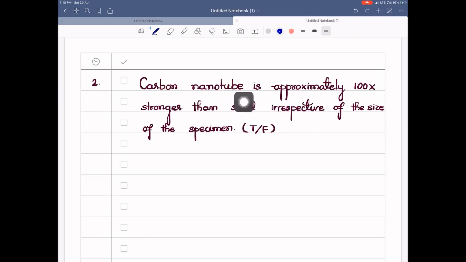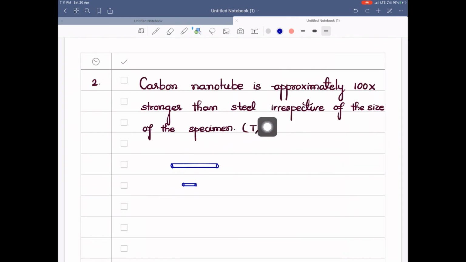Second, carbon nanotube is approximately 100 times stronger than steel, irrespective of the size of the specimen. We have to select whether it is true or false. Again, suppose the carbon nanotube is of very small size, like in micrometer, and when it is in big size, like in millimeter or centimeter, then again, if the size is more, more and more defects will be present and the strength will be very low.